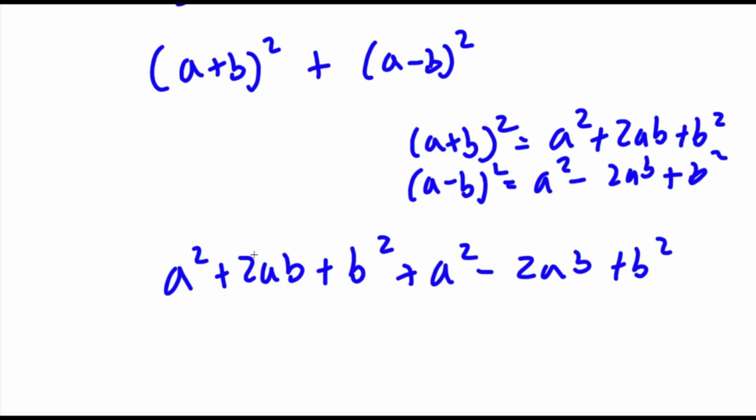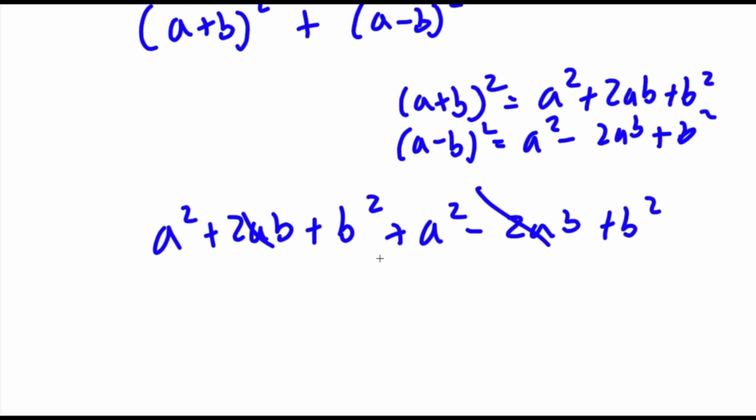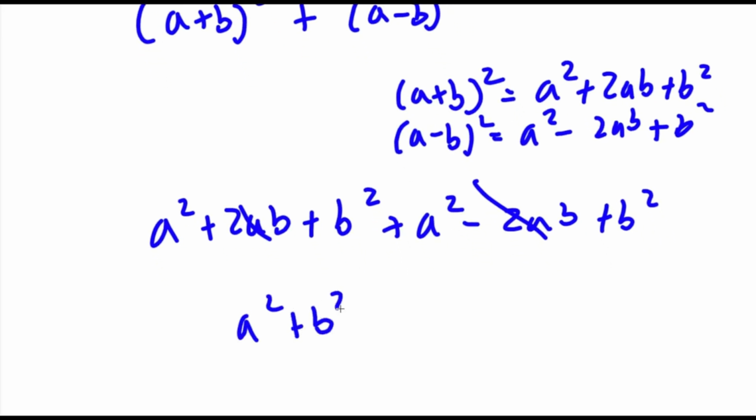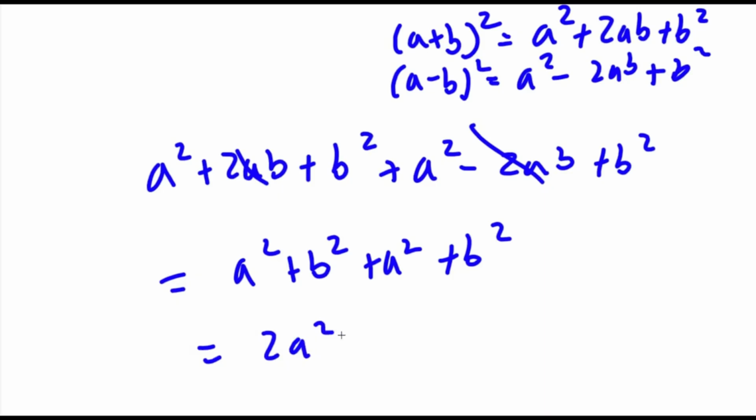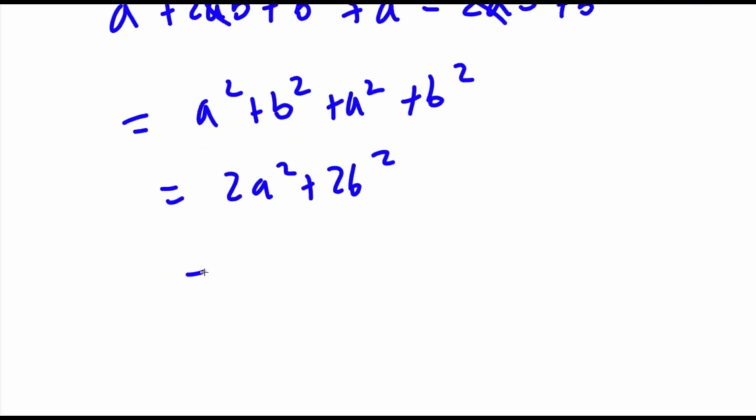So first off, the 2ab terms will cancel out, and I'll be left with a squared plus b squared plus a squared plus b squared, which is equal to 2a squared plus 2b squared. Now if I factor out 2 from this, I get 2 times a squared plus b squared.